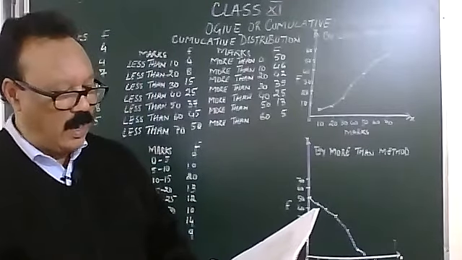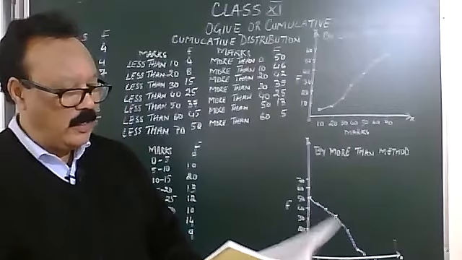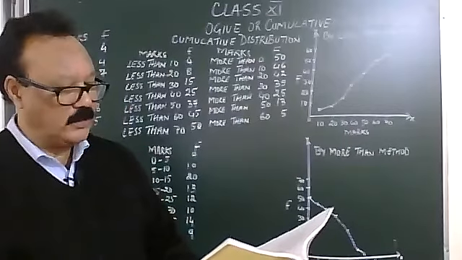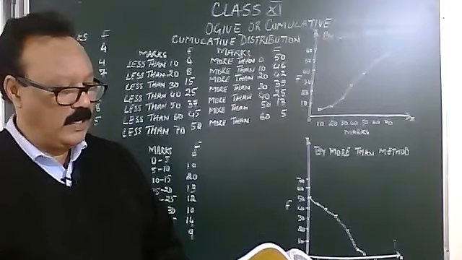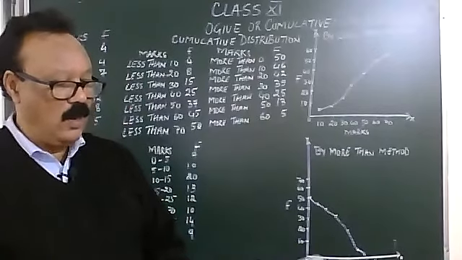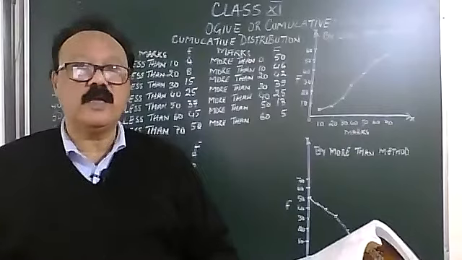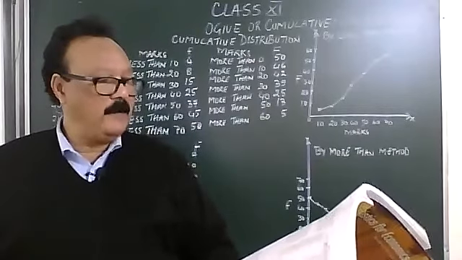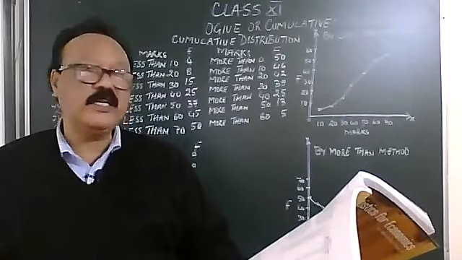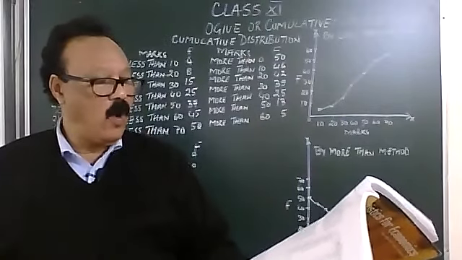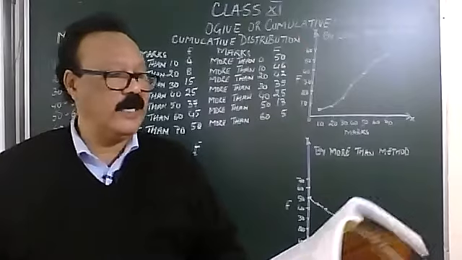A line graph by joining these plotted points thus obtained is called an arithmetic line graph or a time series graph. It helps in understanding the trend, the periodicity, etc. in long-term time series data.